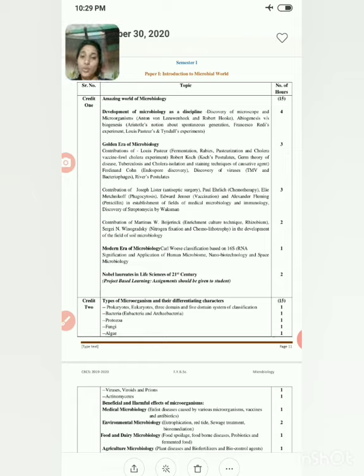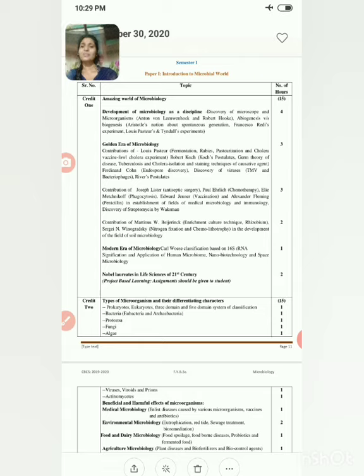Robert Koch also introduced the staining technique. Now, what is staining? Generally, microorganisms are transparent, and as we cannot see them with the naked eye, and even in a microscope there are fewer chances of their visibility, it is very important to give them color.